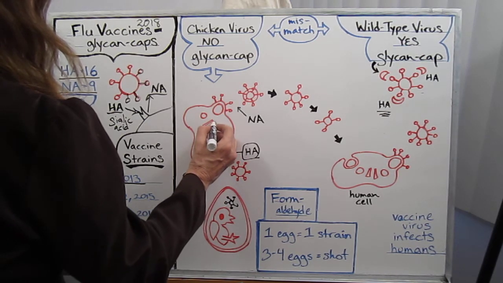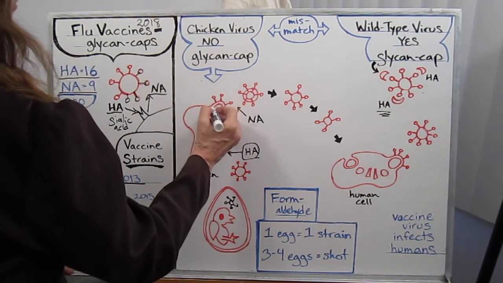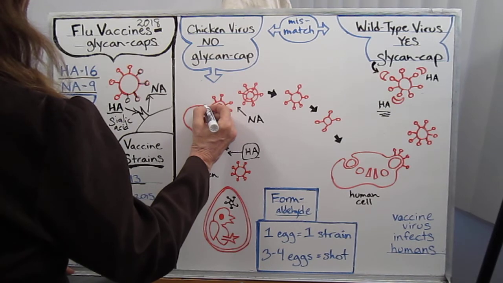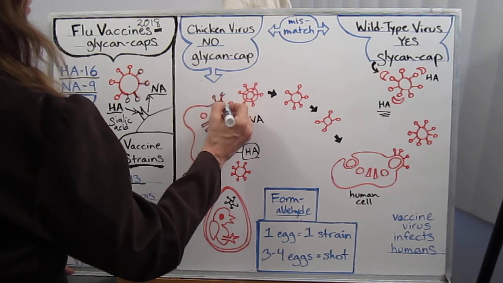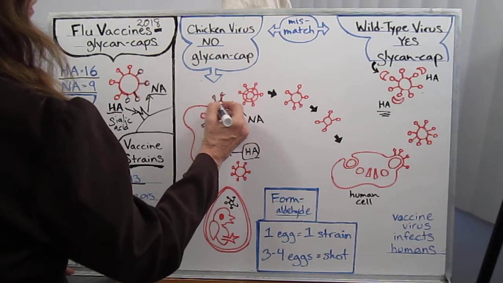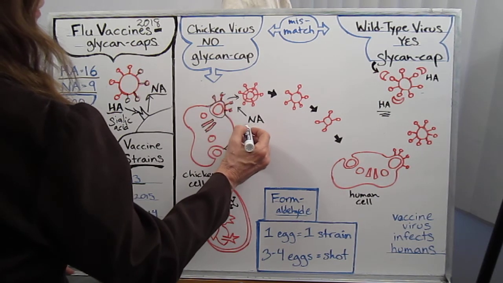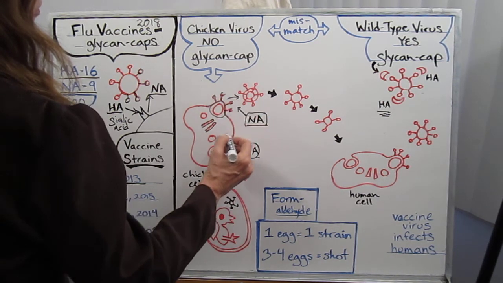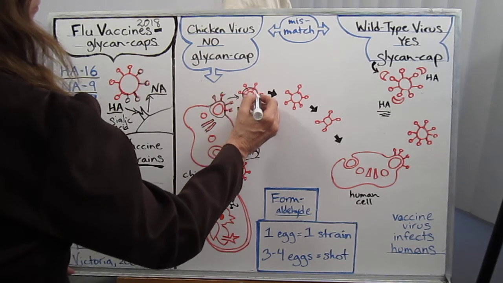It's dumping its DNA and genetic material to create new viruses that are being born through the membrane, little projections coming out, and to get this to fully separate from the cell as it's coming out, you need the neuraminidase to cleave it, to cut it. And here you see it with the membrane.